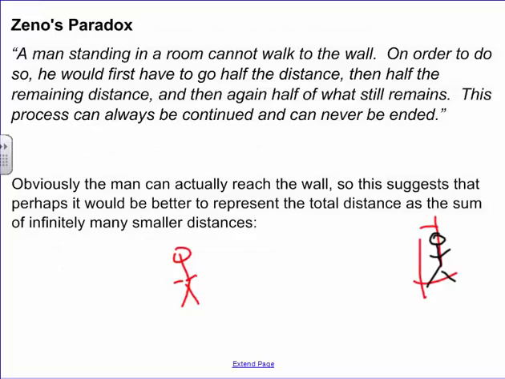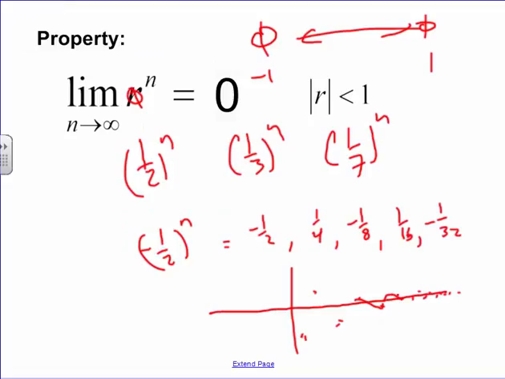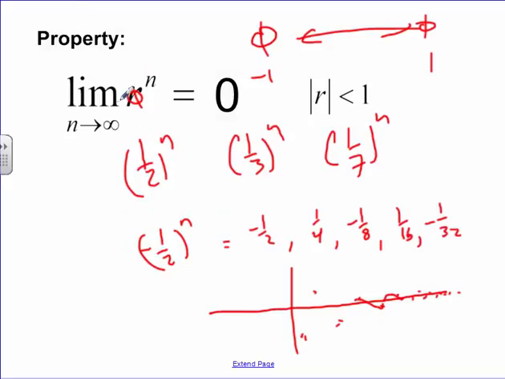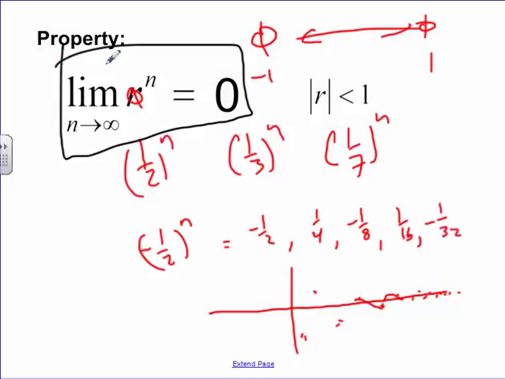Yeah, here it is. We already have this proof here, right? If your ratio is a 1/2 number, or a 1/3 number, or a 1/4 number, then it converges to 0. That's a property that we can use, this one right here back there.